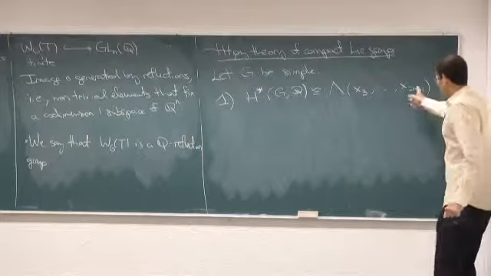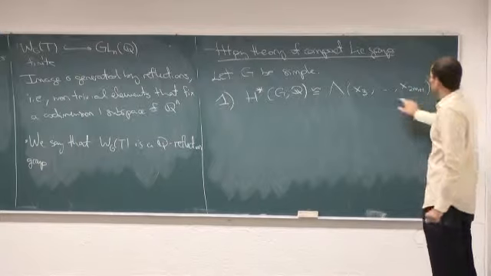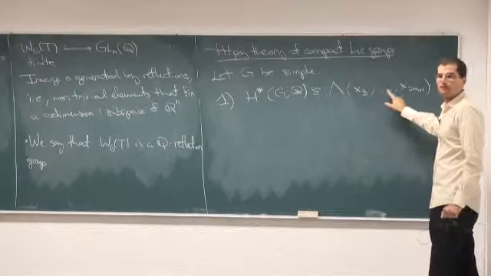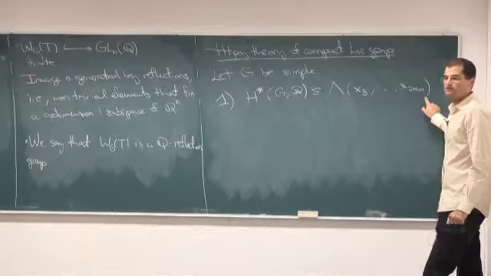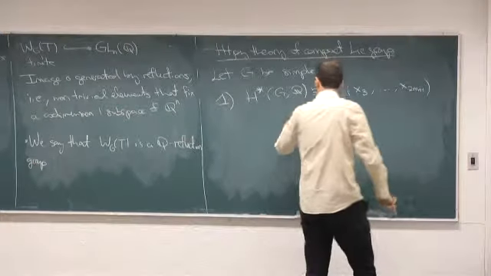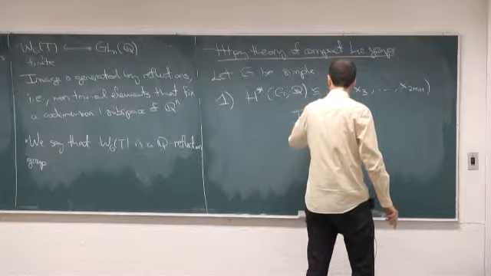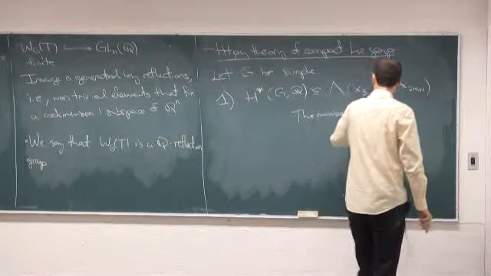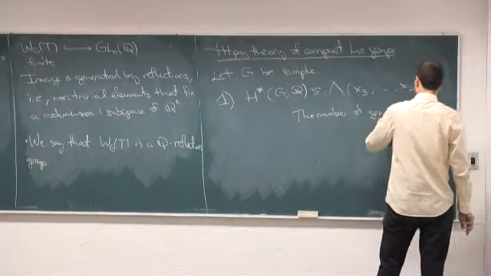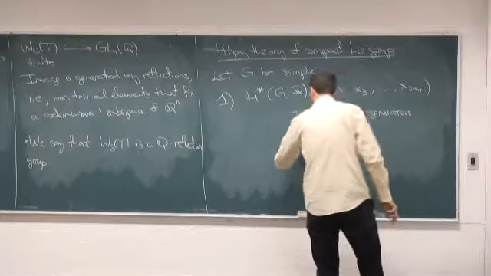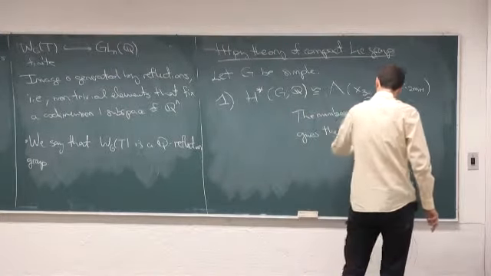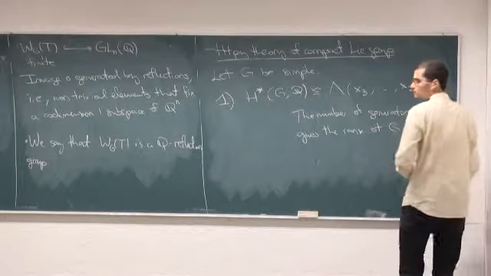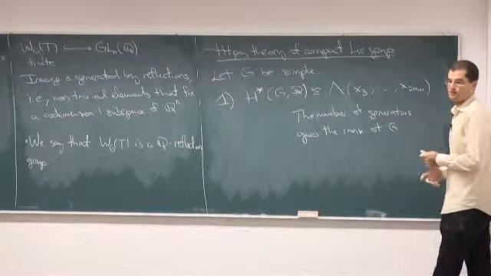But the interesting thing about this is that if I count how many generators are in here, that coincides with the rank of G. So the number of generators gives me the rank of G, the dimension of the maximal torus.